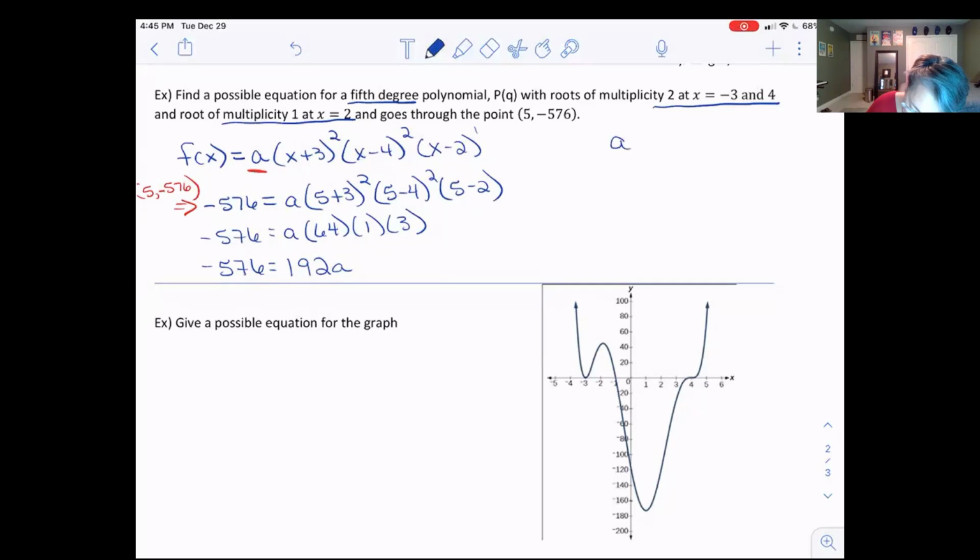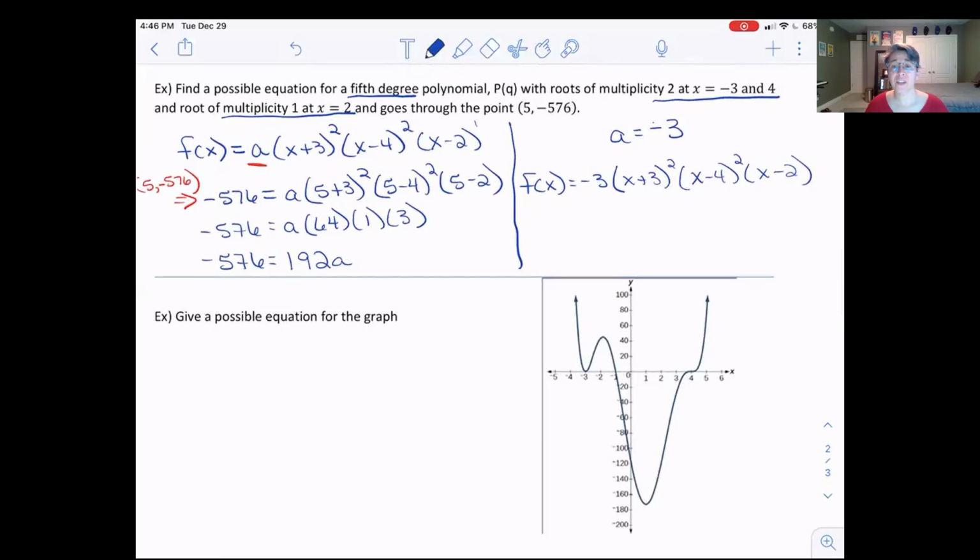So when we divide by 192, we get a to be -3. So our possible equation for this 5th degree polynomial is -3 times (x + 3) squared times (x - 4) squared times (x - 2).